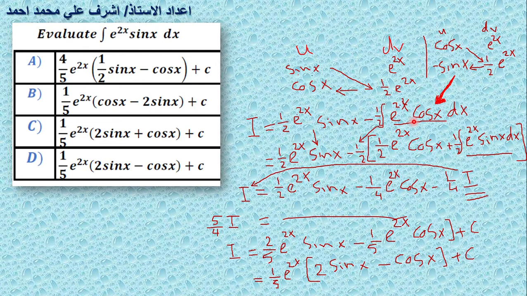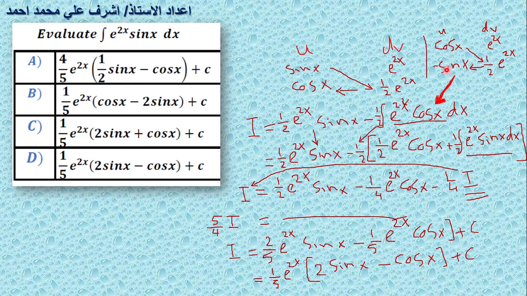Okay, now we get a new integration. So we'll keep I as it is, and for this part we will take negative 1 over 2 as a common factor and use integration by parts again. So we'll suppose u is cosine x and dv is e to the power 2x.